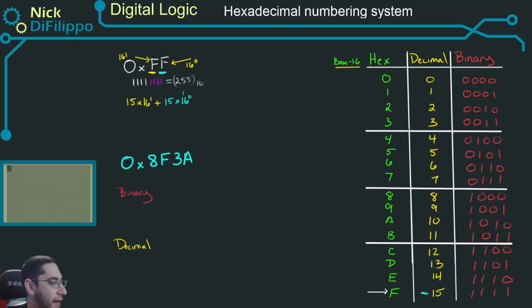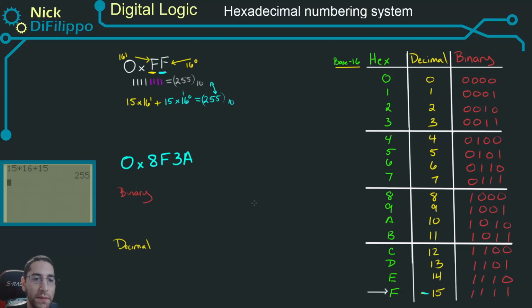So 15 times 16 plus 15, I get 255, and it checks out. These two numbers are the same, and that is what hex FF is.